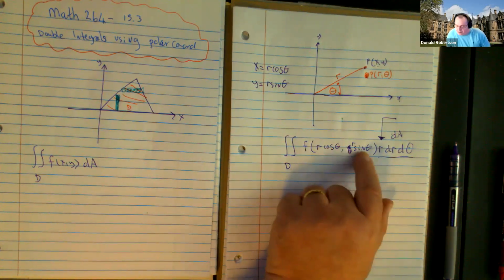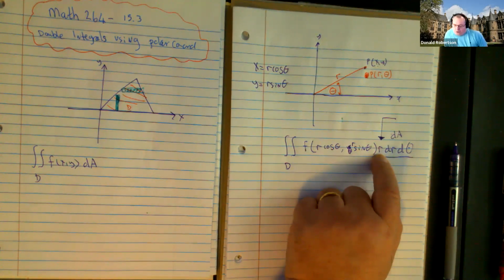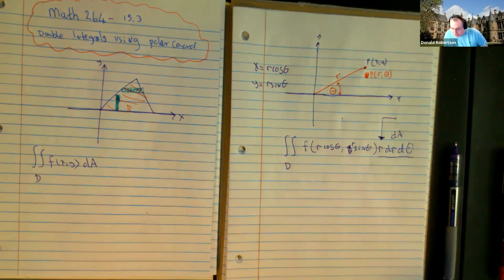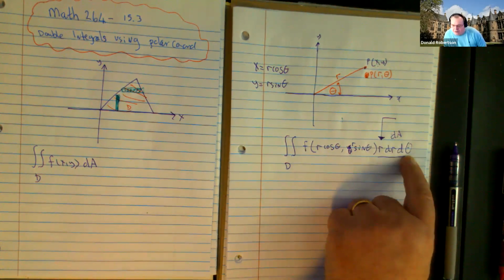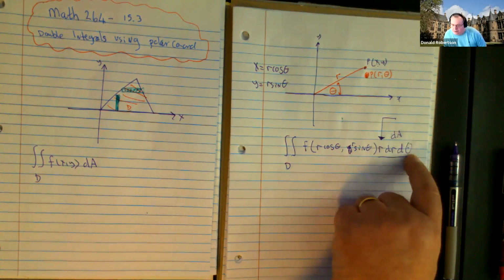It's basically just a leftover caused by what we would call a change in variable. So you do not know right now where that r comes from. Can you trust me when we do Jacobians that I'll prove to you where that r comes from? But right now you're just going to say, yep, for some reason, when you do polar, it's not just dr d theta, it's r times dr d theta.